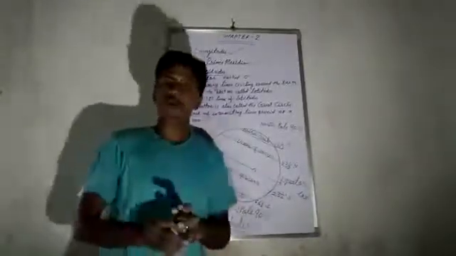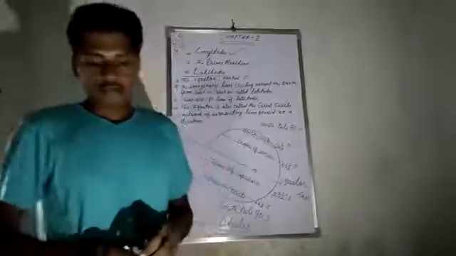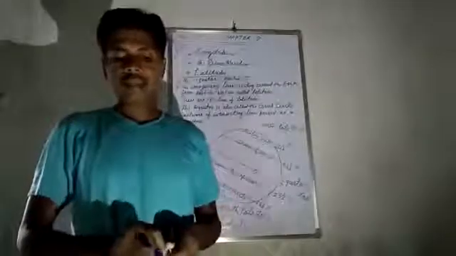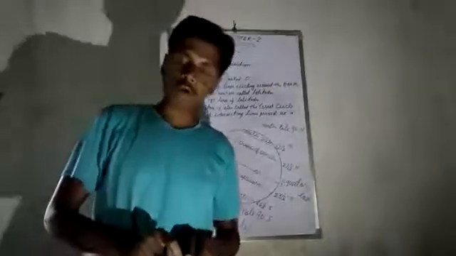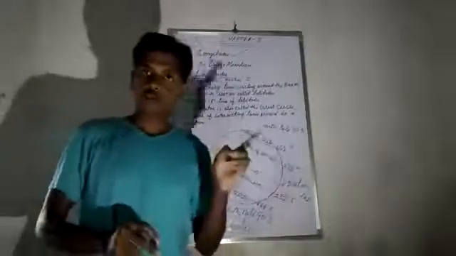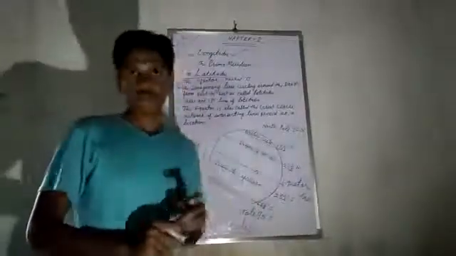Is it clear? Okay. Now we can draw parallel lines at equal distance of 1 degree towards north and south.